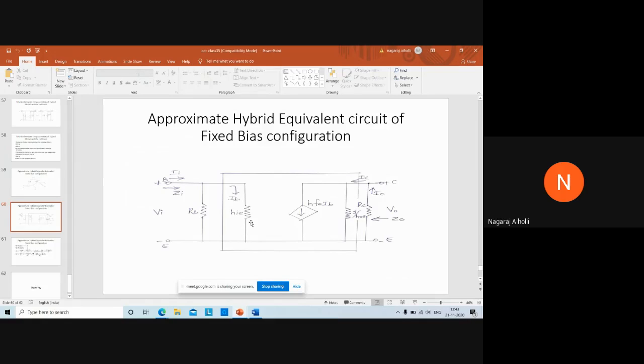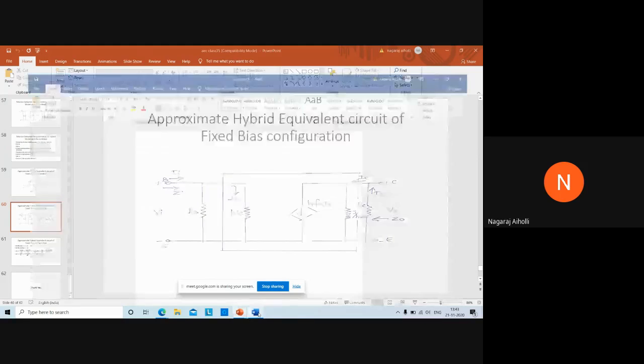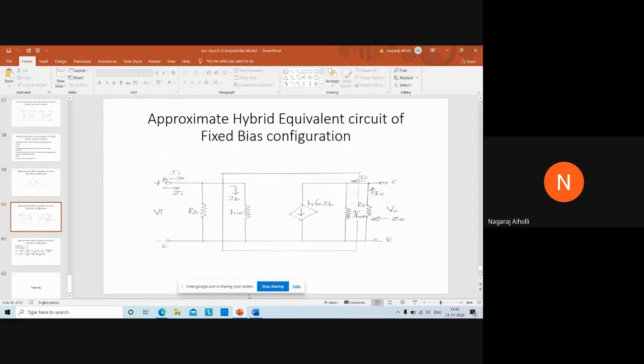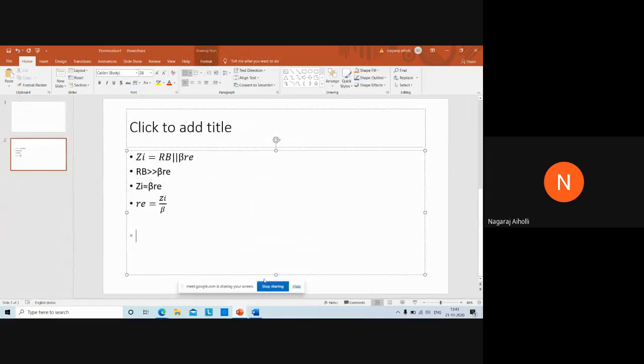Therefore, I have taken HIE as beta RE and found the parallel combination of RB and beta RE. Now if I take the same thing, RB and HIE, what will be the equivalent resistance? RB parallel HIE.